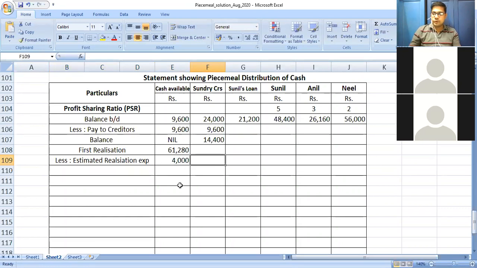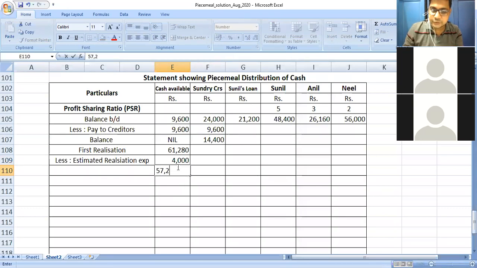Now from this, 61,280 minus 4,000, the remaining balance available is 57,280. From this cash available, we already paid 49,600. The rest of the value, 14,400, we want to pay to the creditors.